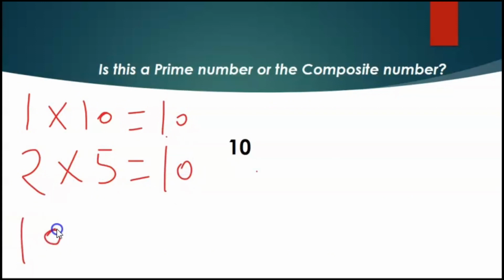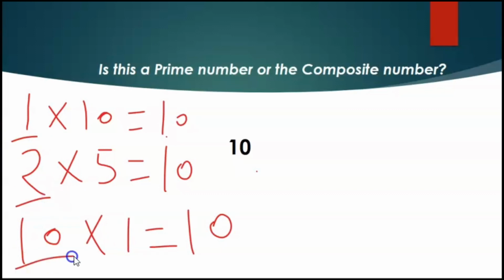And 10 times 1 equals 10. So as you can see, it has more than two factors, 1, 2, and 10. Anytime a number has more than two factors, it is called a composite number.